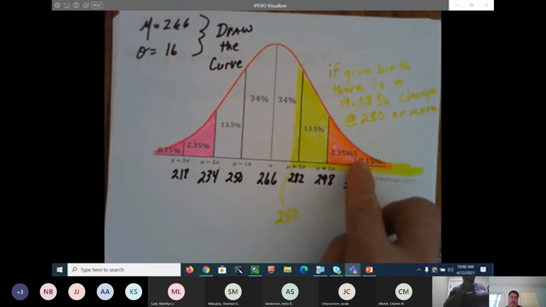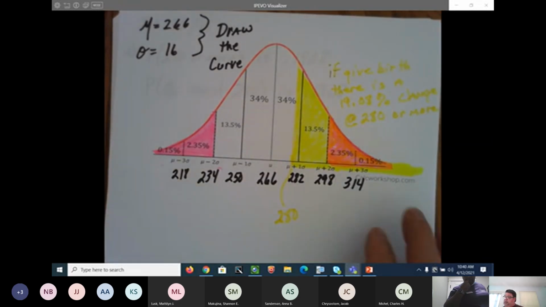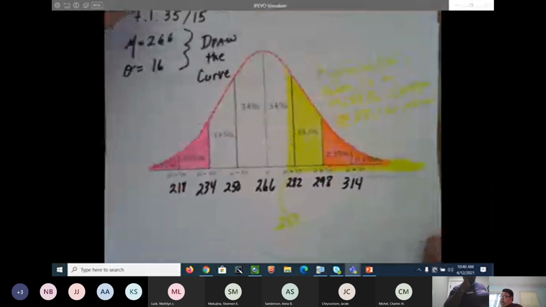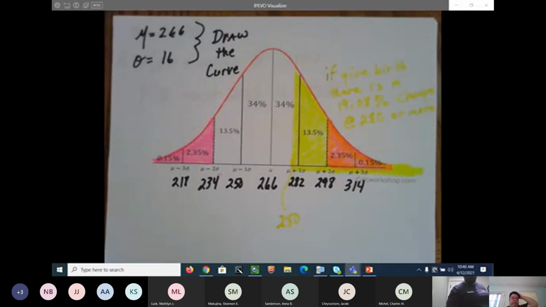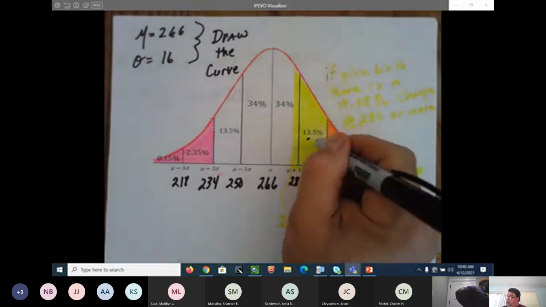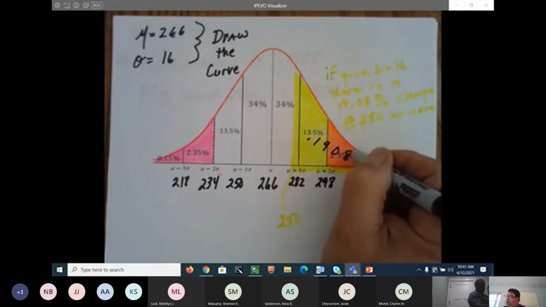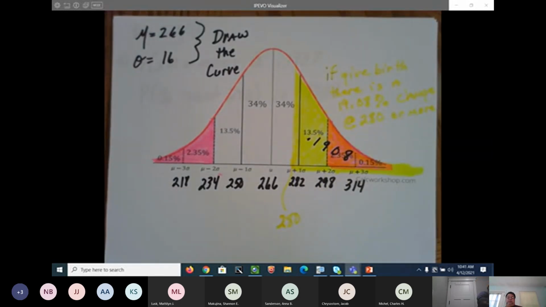Because this area right here, what was it, 0.1908? Let me look. Yeah, 0.1908. So I'm going to take my black marker. This yellow area is 0.1908. So you've got a 19.08% chance of your baby being born at 280 days or more. That's what that means.